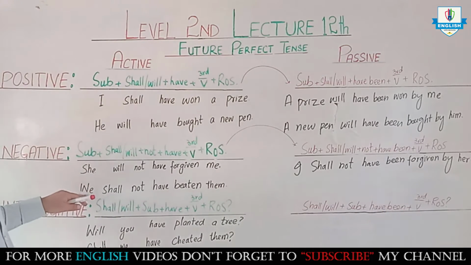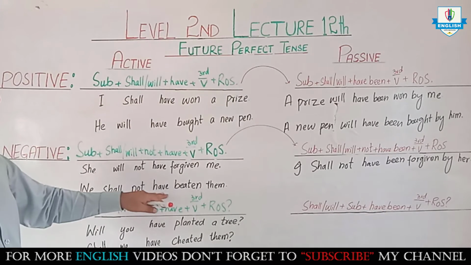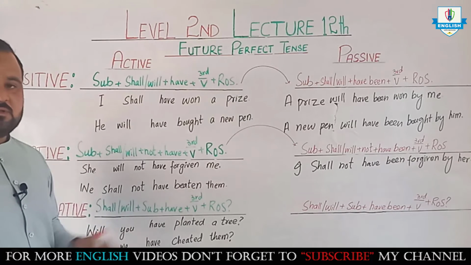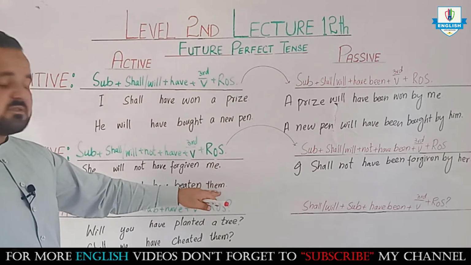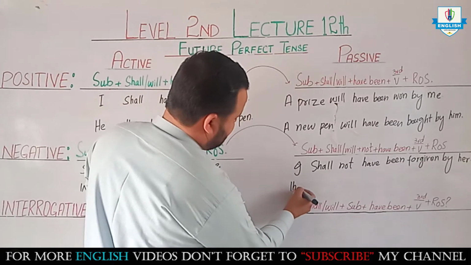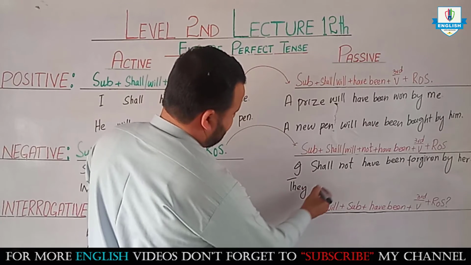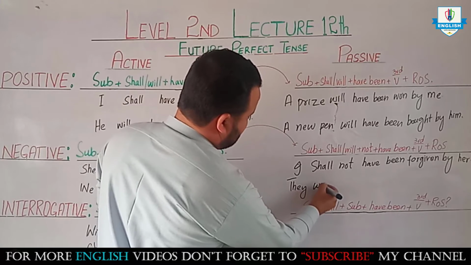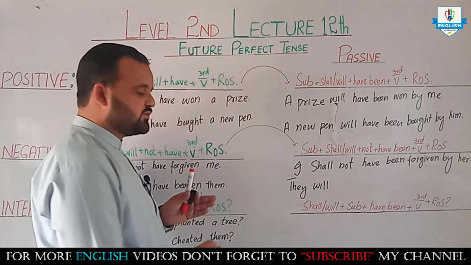Second sentence: we shall not have beaten them. The subjective case of them is they. They will. With they we will use will.